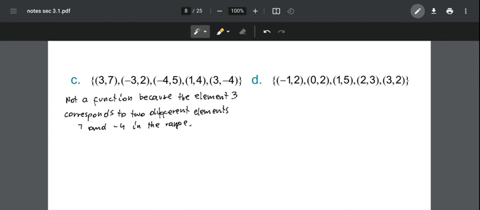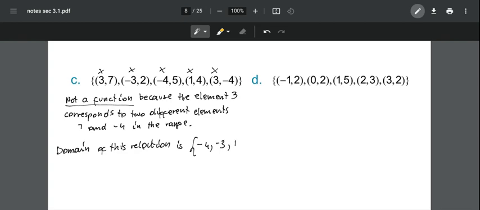So now we still can find the domain of this relation. So it's not a function. However, it's a relation. For the domain of this relation, we're going to list all the first coordinates, which are the x coordinates, and list them from smallest to highest. So the lowest one is -4. Then we have -3, 1, 3.